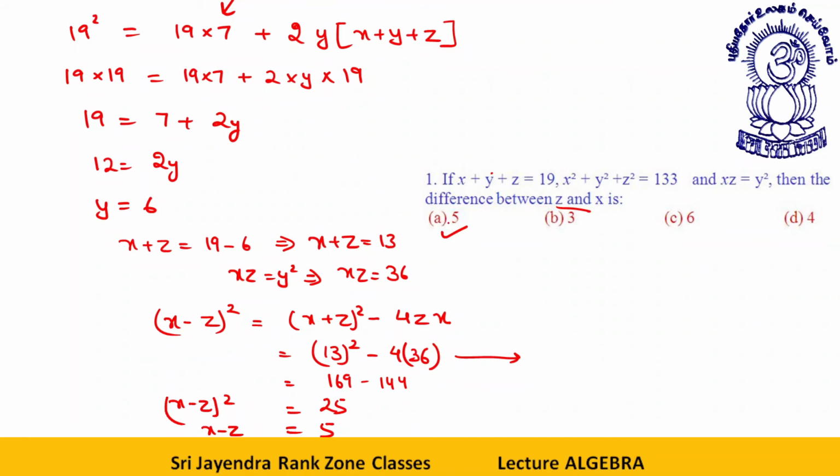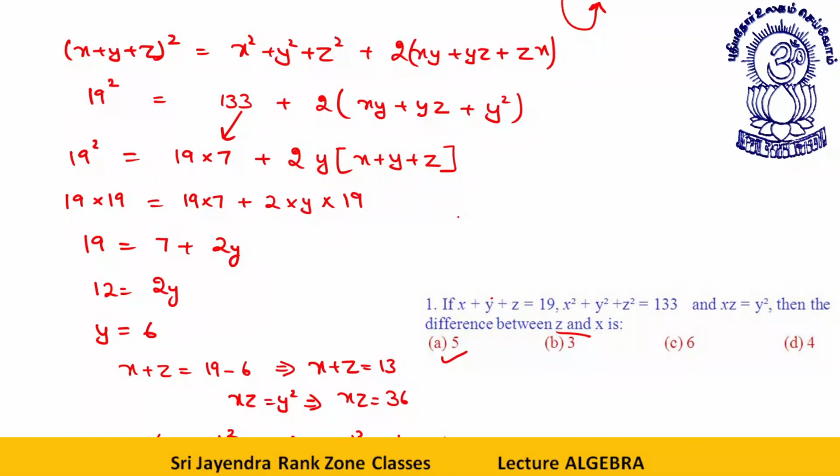Okay, but this question could also be done by putting values. How can we put values? See, if we can assume a bit, assuming values, what are the values which we can assume? See, x plus y plus z is 19, x square plus y square plus z square is 133, xz is equal to y square.